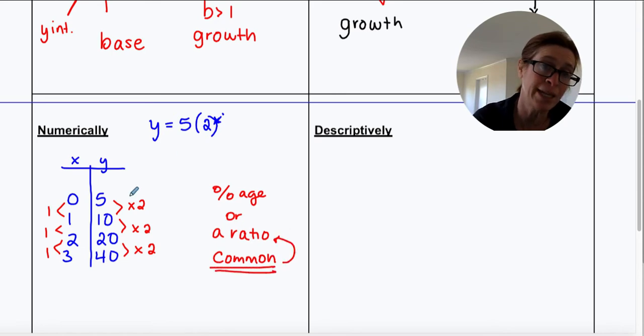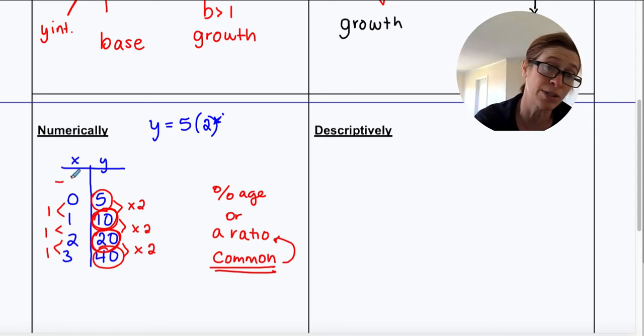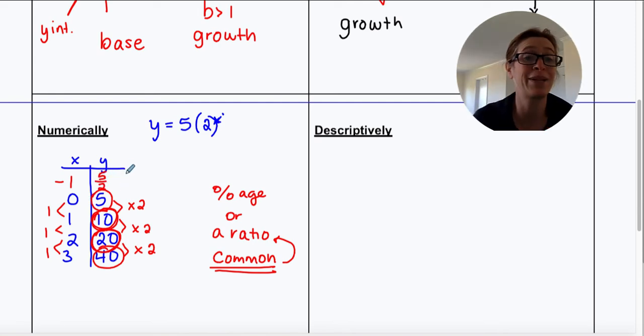Common ratio, meaning 10 divided by 5 is 2, 20 divided by 10 is 2, 40 divided by 20 is 2. So I actually could get another point on this graph. I could work my way backwards to -1, which would give me 5 halves. So numerically, that's what's happening.